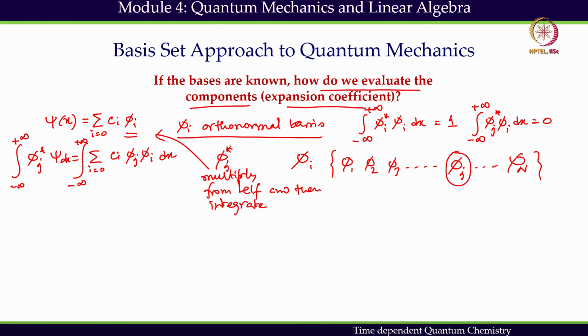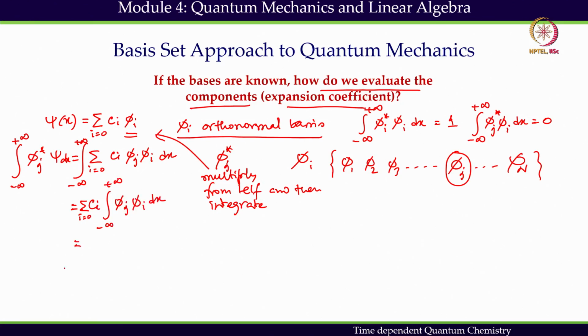If we do that, then what I get here is the summation over i from 0 to some number of C_i, integral from minus infinity to plus infinity of phi_j star phi_i dx.